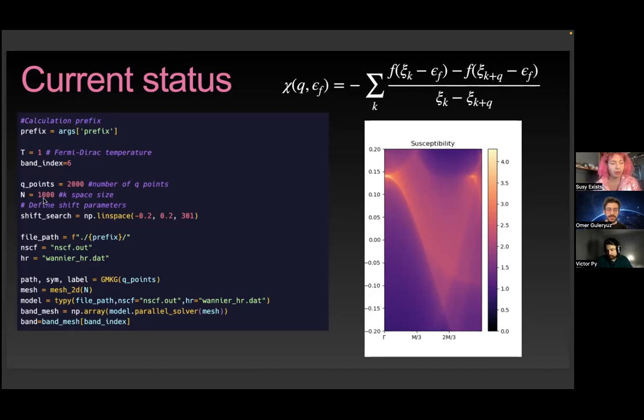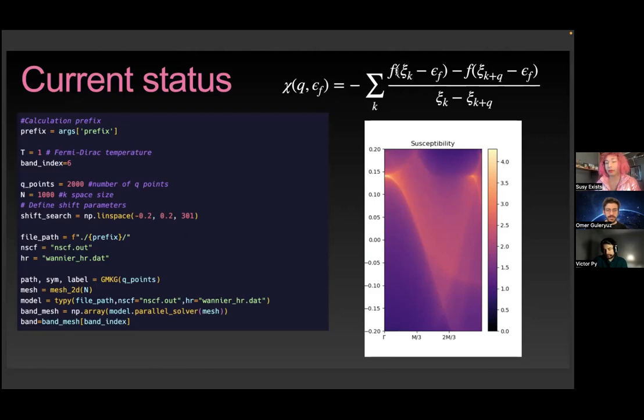I indicate the position of my files. Then I just run the calculations to get the structure. This left one is for the band structure, but I also incorporate the Fermi function. This chi function takes a value of Q and Fermi energy.